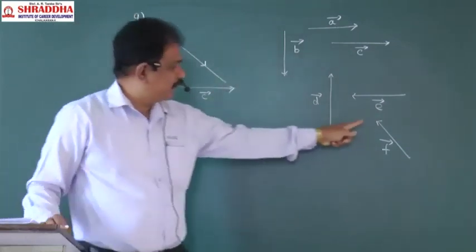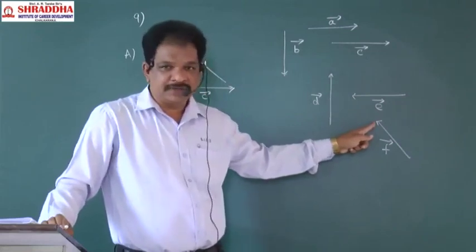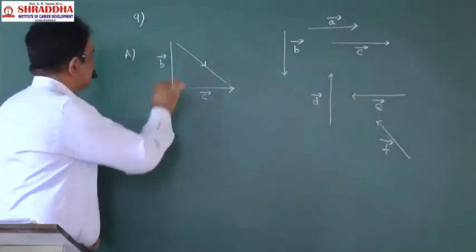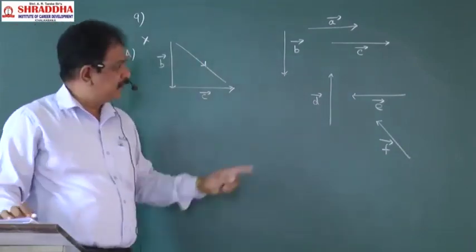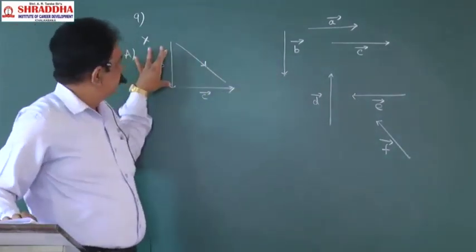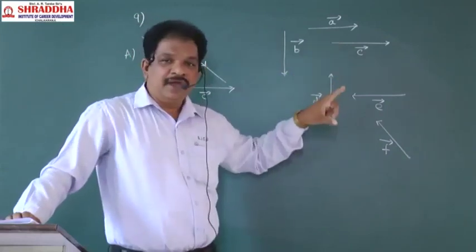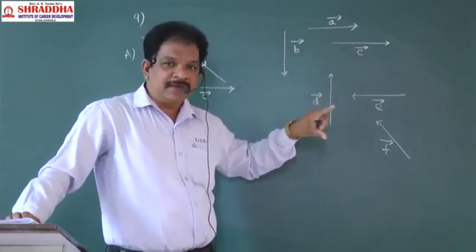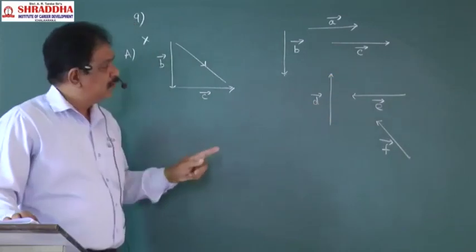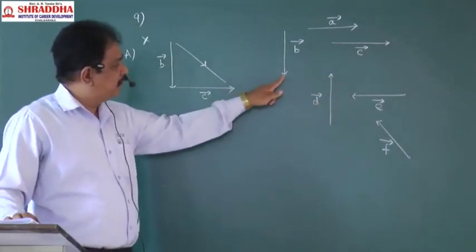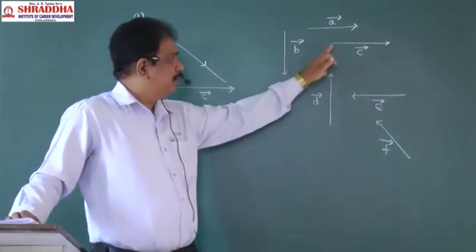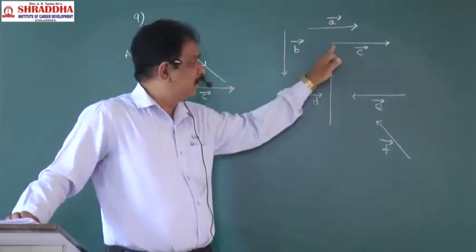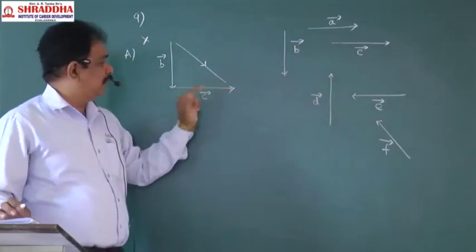This is F. F is in opposite direction. So this is wrong. Simple, na? Easy to understand. We had to add B bar and C bar, means what we had to do? The head of B bar should be joined to the tail of C bar.